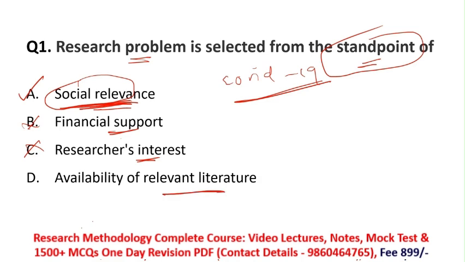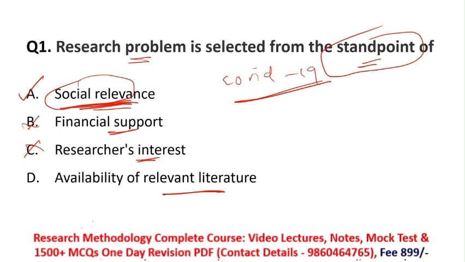Remember, in simple language, you should know the meaning of relevant literature. Relevant literature means setting your research in the context of what is currently known about the topic, and establishing that what you have to offer is novel, something different from what has already been attempted. But a research problem should not always be different, it can be old.